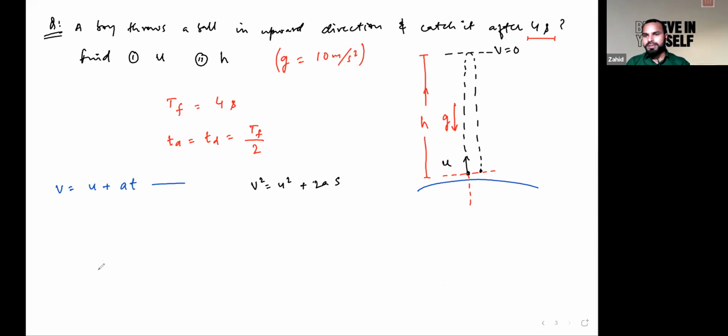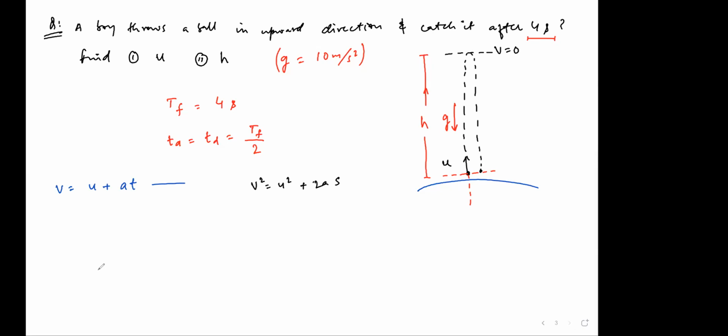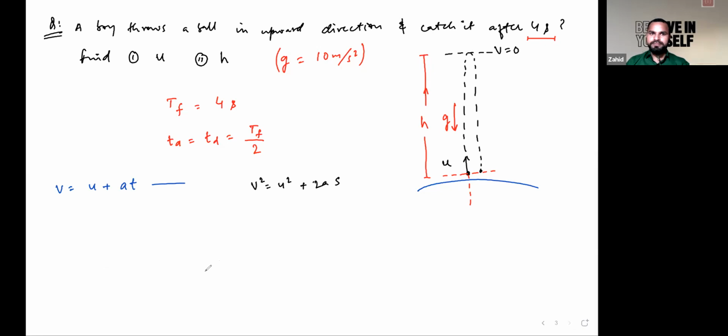Ikra, I think you have taken gravity to be positive. Okay, sir. You have to take gravity to be negative.